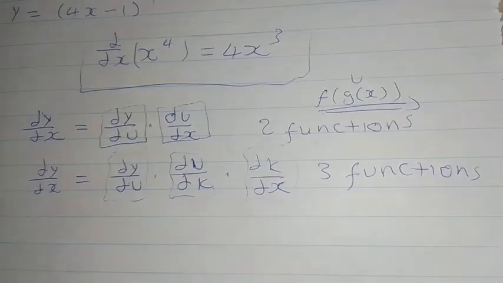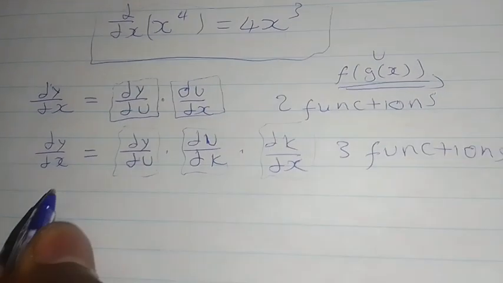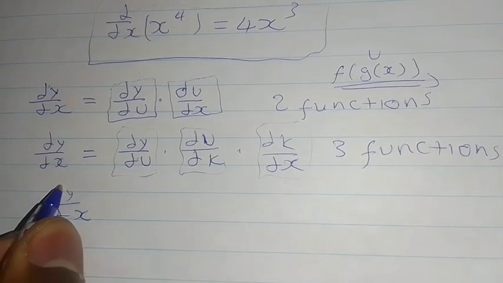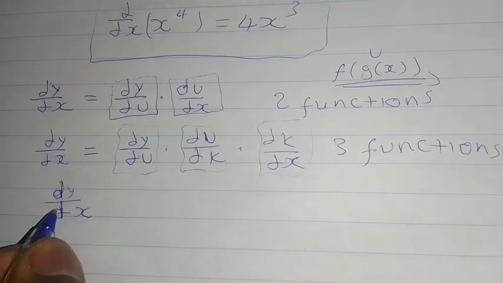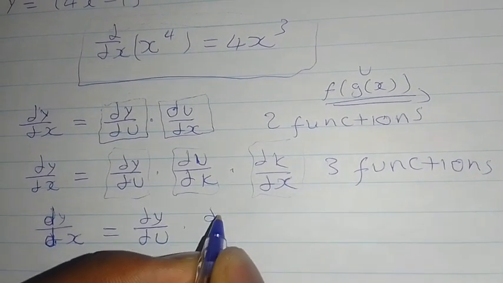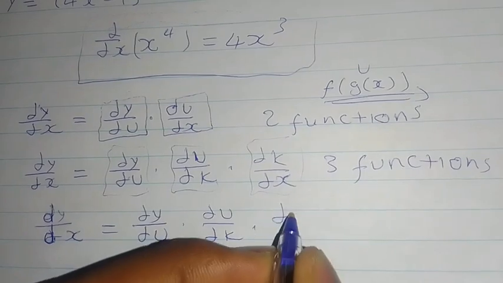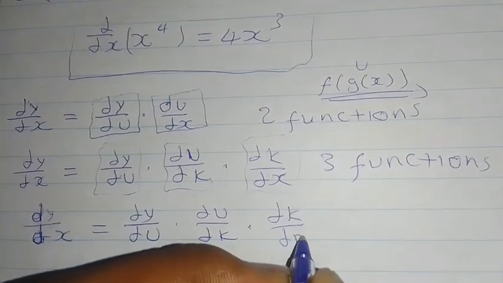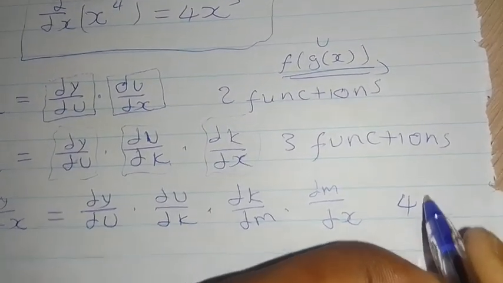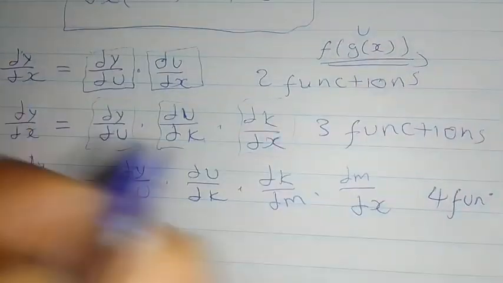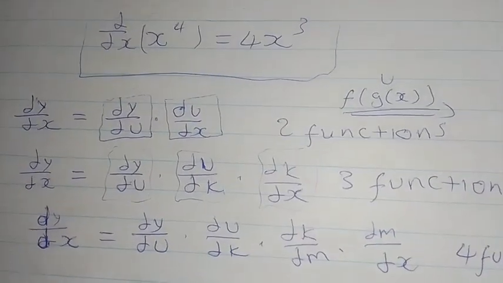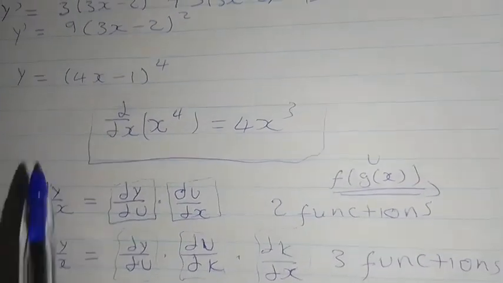If you have four functions, you can repeat the same process: dy dx being dy du by du dk, by dk dm, and then dm dx. You can repeat the same process for n functions, but let me just start with the chain rule of two functions.